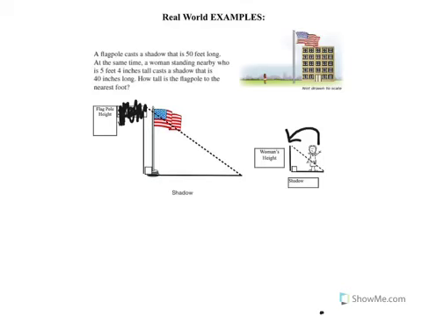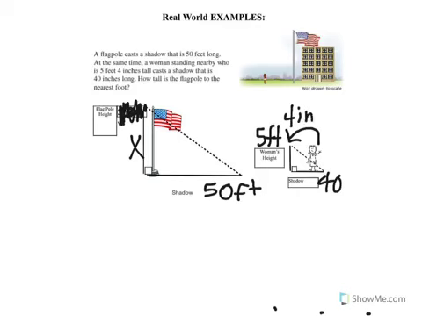Okay, so if we do this, they said that the shadow cast by the flagpole was 50 feet. And we don't know how tall the flagpole is, so we can make that X. The woman's shadow was 40 inches. And her height was 5 feet and 4 inches.